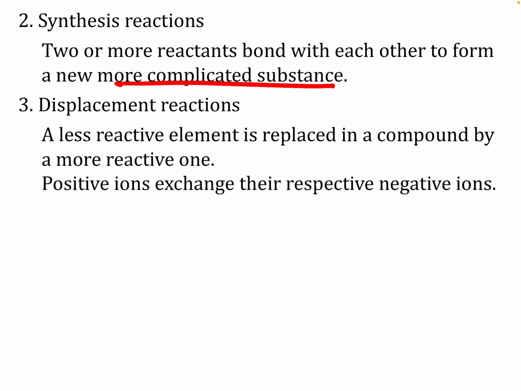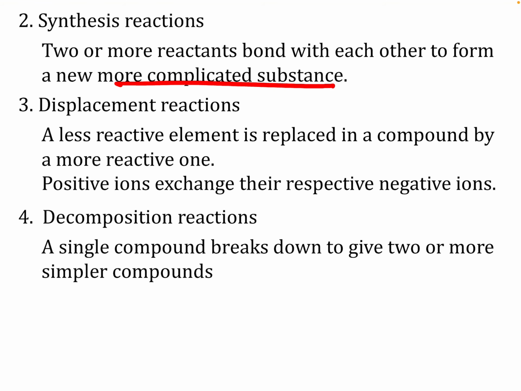Okay, so that's straightforward. And then of course there's decomposition reactions, and decomposition reactions are the opposite of synthesis reactions. So synthesis, we make complicated compounds. Decomposition, we take complicated compounds and make them simpler. All right, very, very simple, nice and easy.